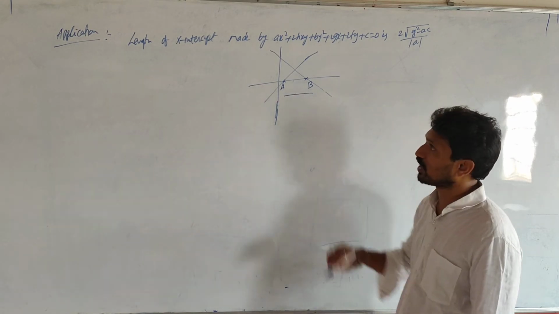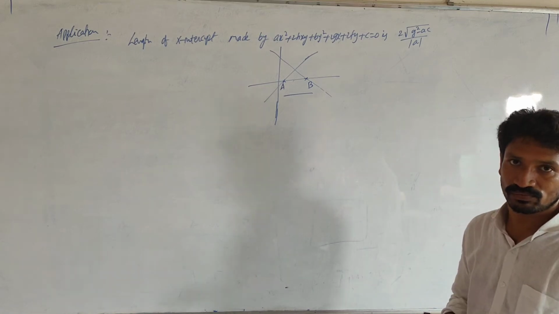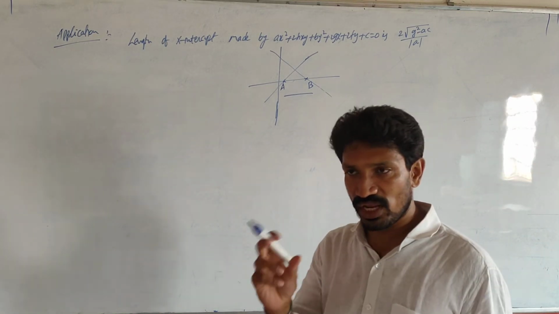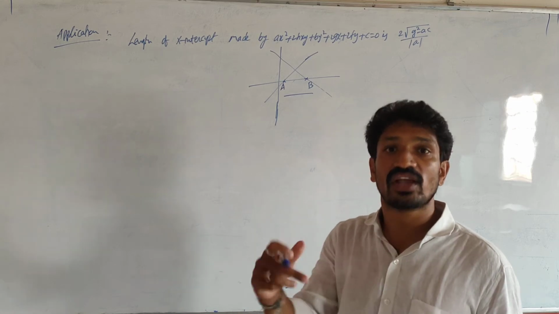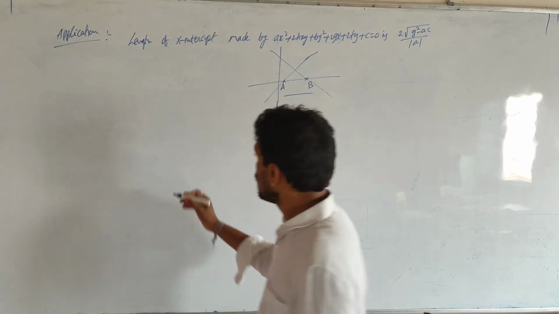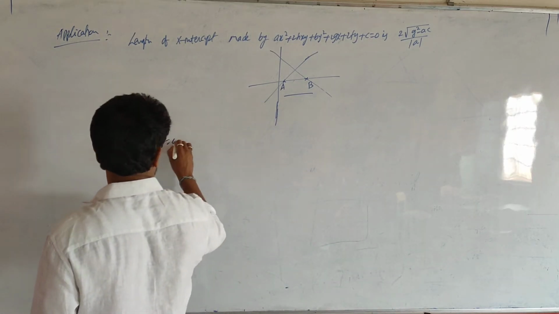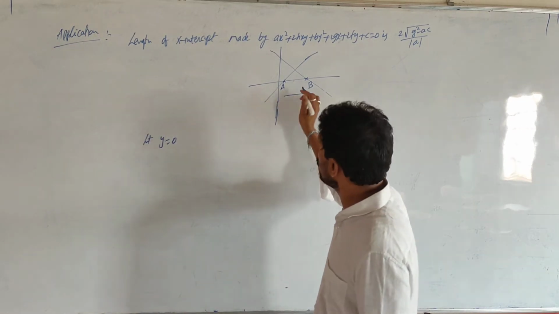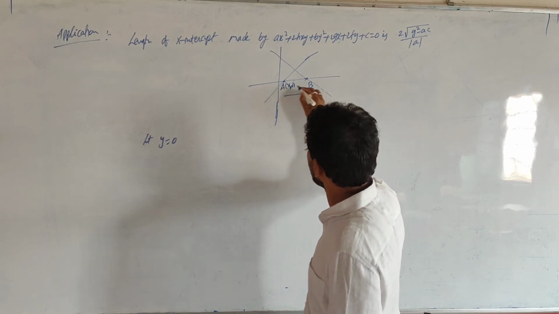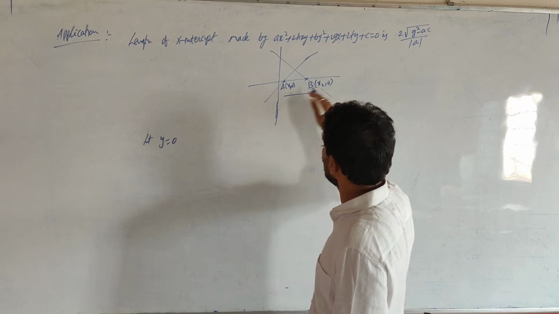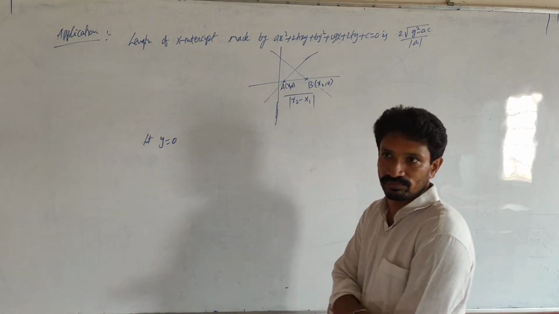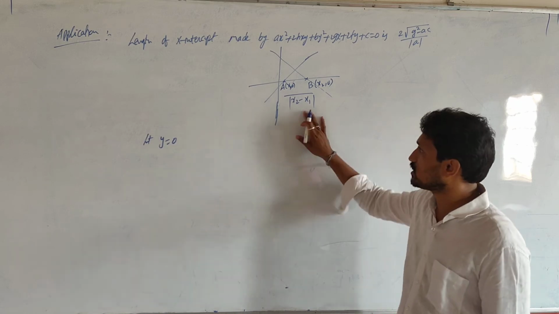That is nothing but our required x-intercept. So always remember, to get the x-intercept, the very comfortable procedure is to take y is equal to 0 in this equation. So let y is equal to 0, and you can take A as x1 comma 0, B as x2 comma 0. This length is nothing but modulus of x2 minus x1.